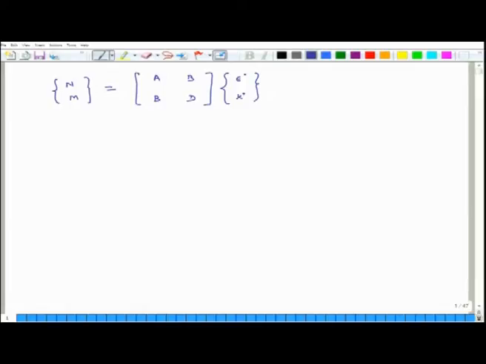So, this is what we had shown. What we will do today in this particular class is an example where we will actually calculate the elements of A matrix, B matrix and D matrix for a relatively simple laminate.